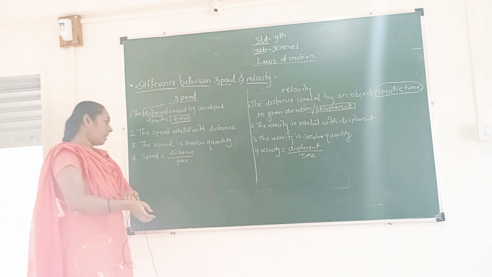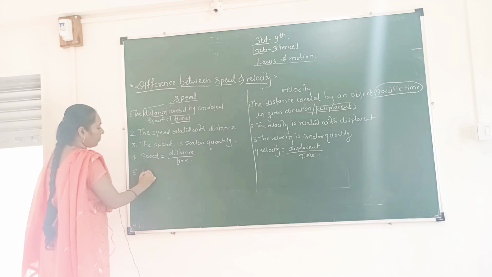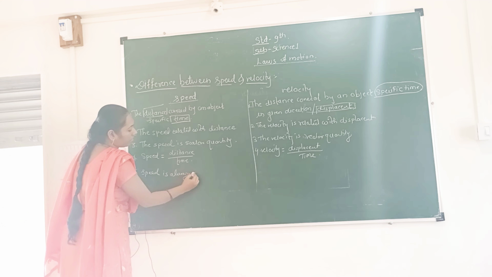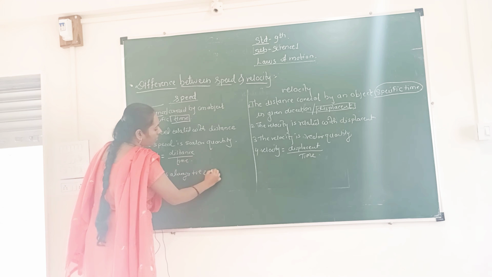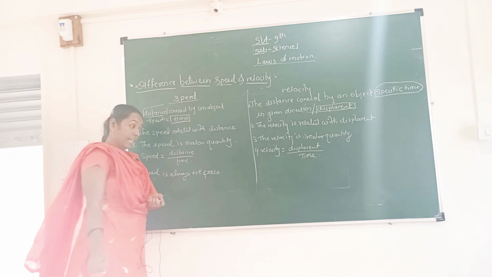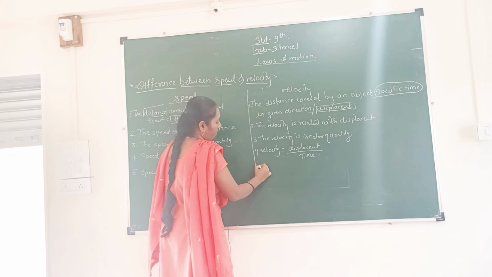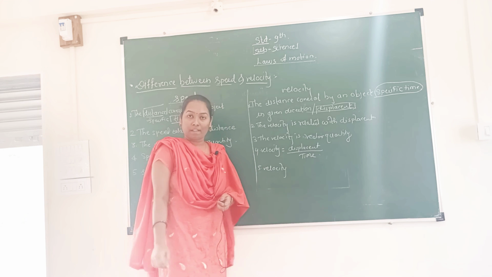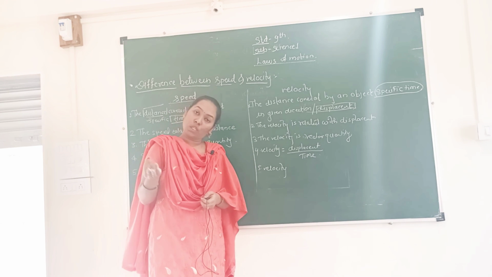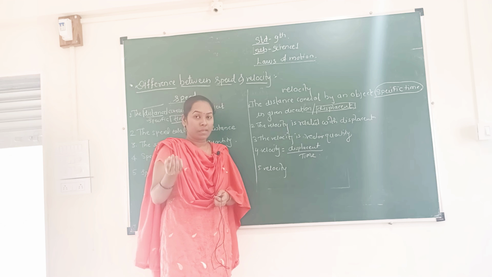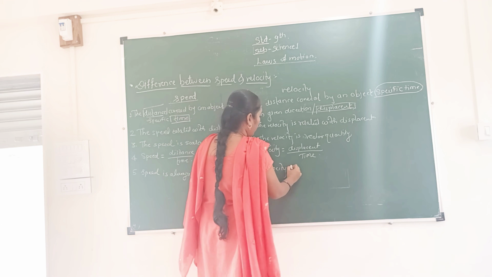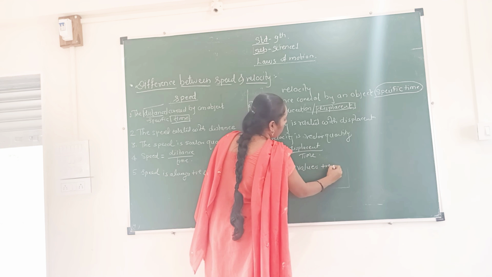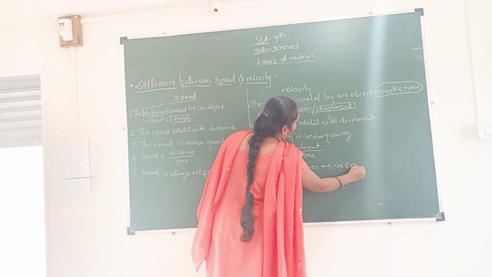So we can write here, speed is always positive or 0. And in case of velocity, velocity has three possible values. Velocity may be positive, it may be negative, and it may be 0.